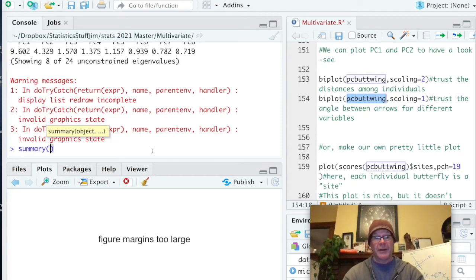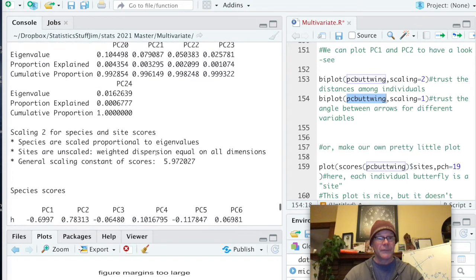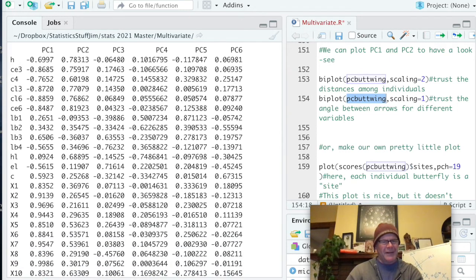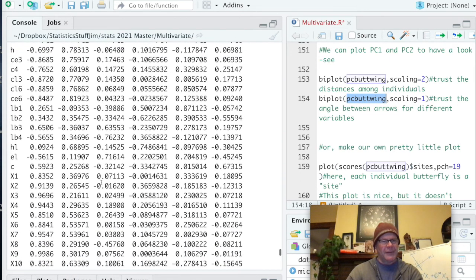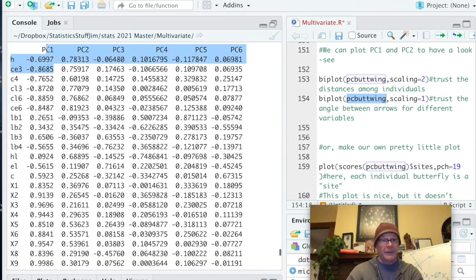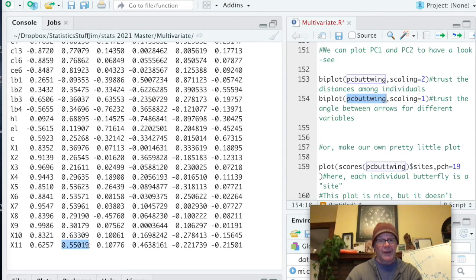If I went summary, okay, what were we playing with over there? We were playing with X, was it X10 or X11? I don't remember. I'm going to guess X10. And as predicted, they negatively covary on the first axis, and they both have the same signs on the second axis.